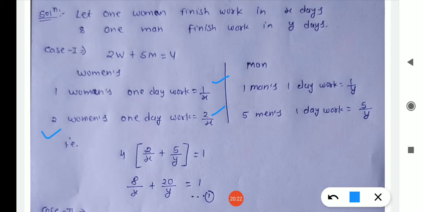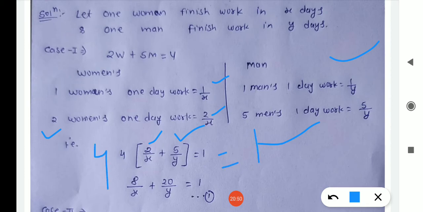And one man's 1 day work is 1 upon Y. Total work we take as 1. So in 1 day it is 1 upon Y, and for 5 men it is 5 upon Y. So according to the question, 2 women's 1 day work is 2 upon X, and 5 men's 1 day work is 5 upon Y. Then it becomes 4 days. Then total work we take as 1.